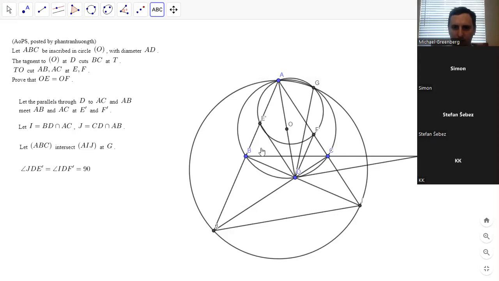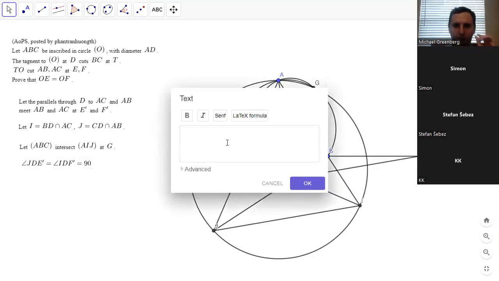And so E prime corresponds to F prime. So that means, I think there might even be an easier way to see this. But yeah, we could say, by the power ratio lemma, AE prime F prime G is cyclic. So yeah, I'll just write it out that way.